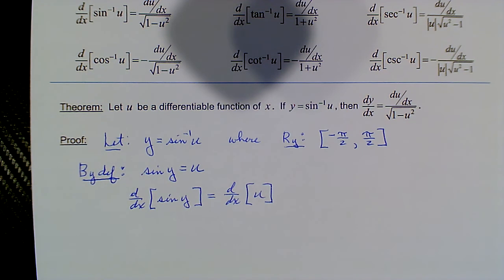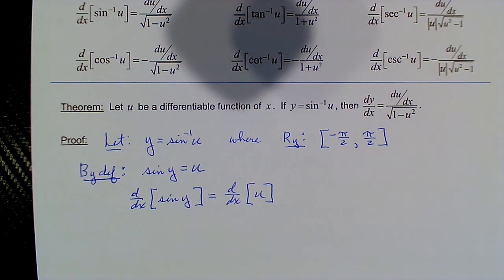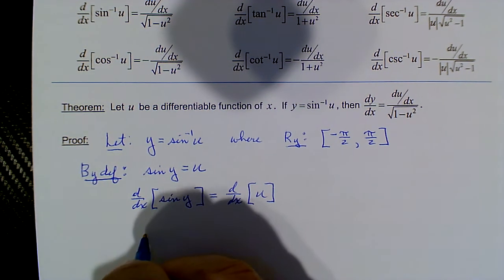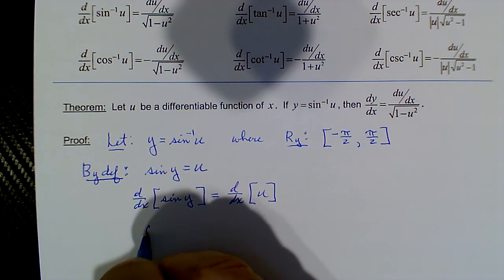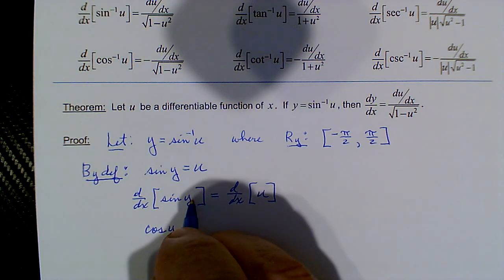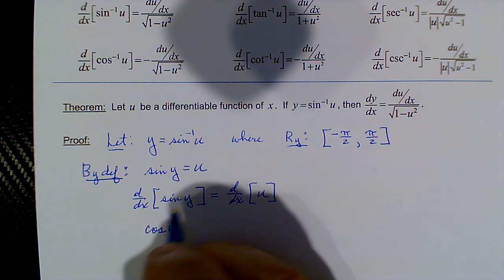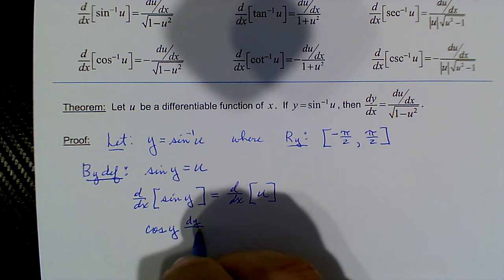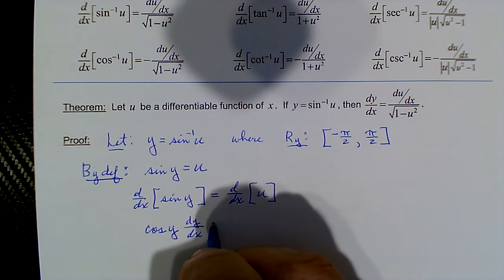We're indicating that we're about to differentiate implicitly with respect to x. And the thing is, we already know what the derivative of sine is. And we know the derivative of sine is cosine of the same argument y, but then the derivative of y implicitly with respect to x is dy dx.